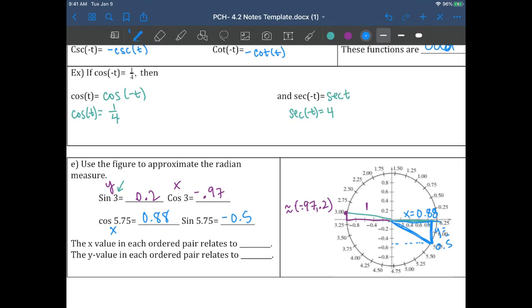Okay, the x value relates to the cosine, you should know this from the Ferris wheel, of your angle. And the y value relates to the sine of your angle. That was really long, so I'm going to split this up over 2 days.